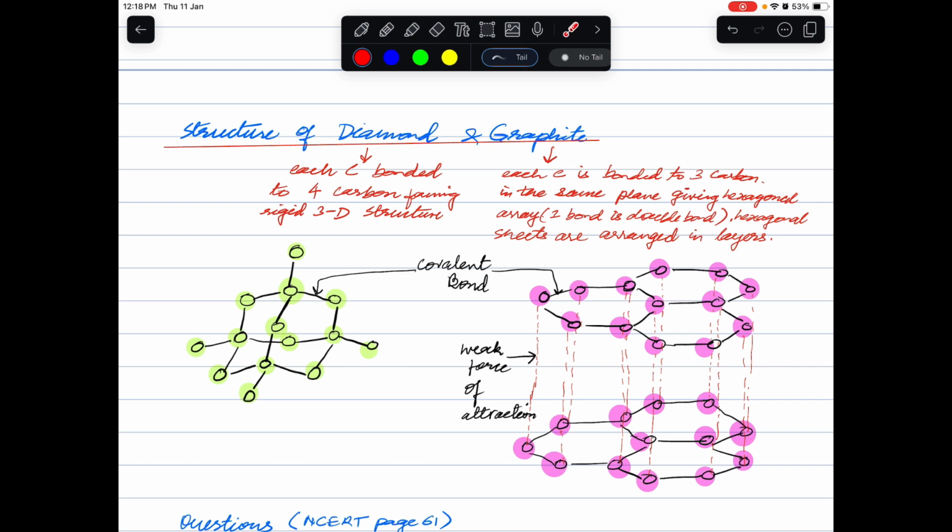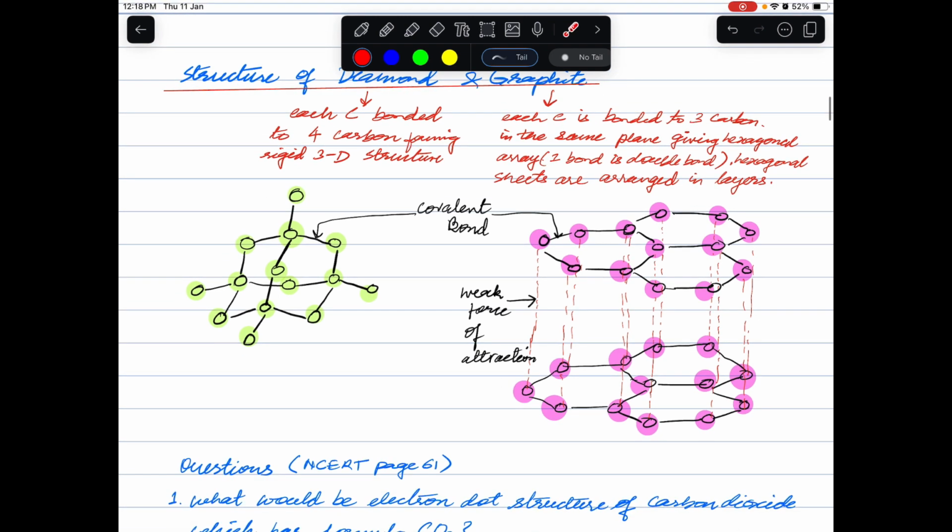Because of this weak force, one layer can slip over another, and graphite is very soapy and slippery to touch. Every carbon can make available its fourth electron as a free electron, which is responsible for the electrical conductivity of graphite. So this is the basic difference.